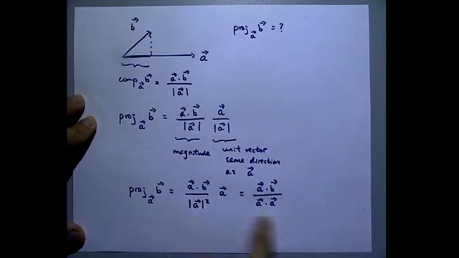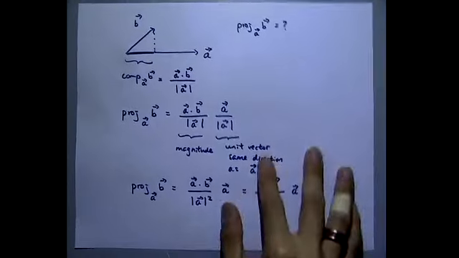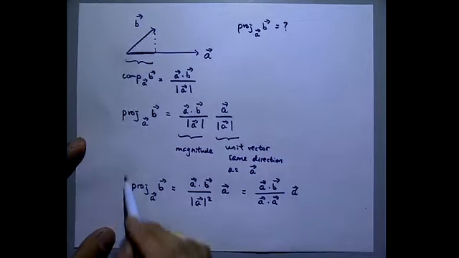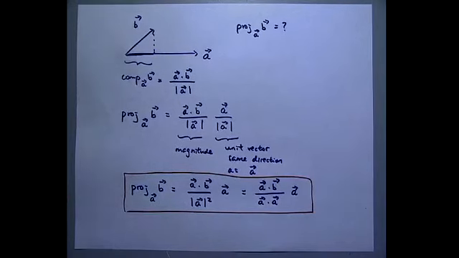So this could also be written as A dot A. So this gives you a couple ways to find the vector projection.